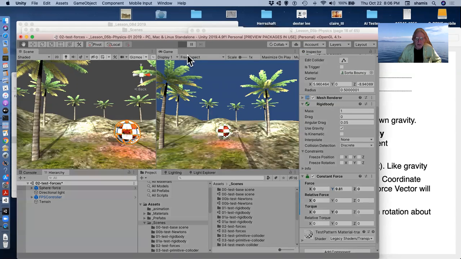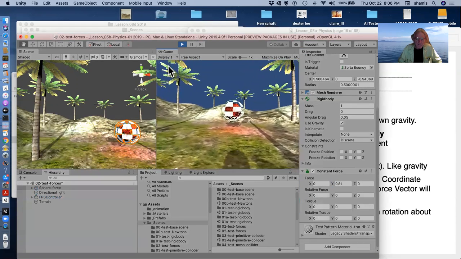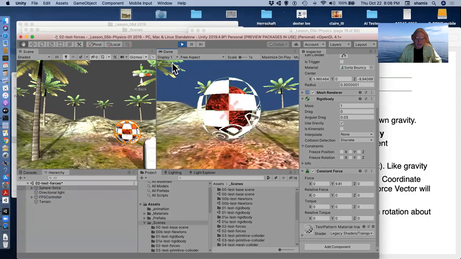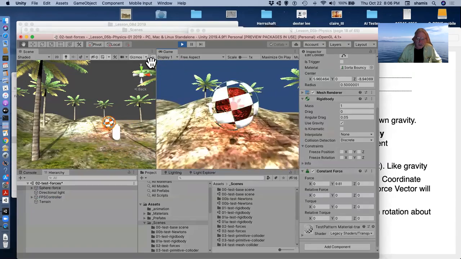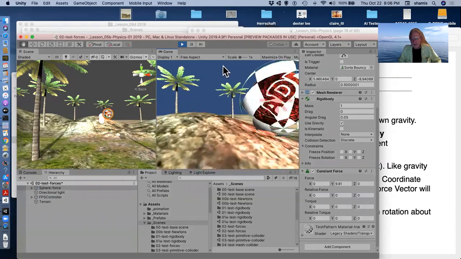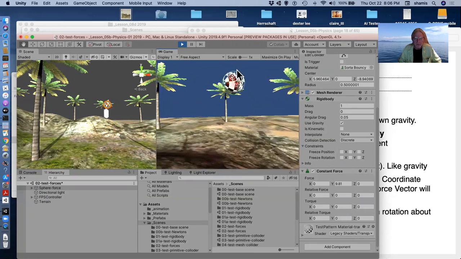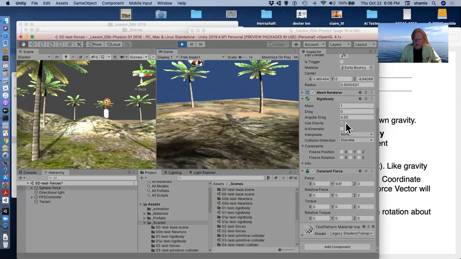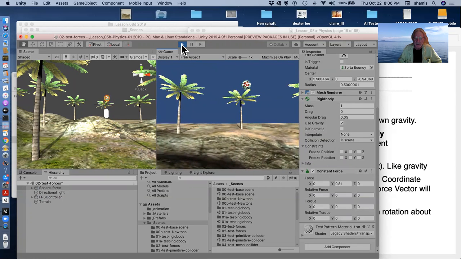And so now here with my little object, it doesn't fall. In fact, it stays kind of stationary. I can still push it around and get it going, and it's going to take off and go wherever it wants to go. And I haven't turned off gravity. Gravity is still on. It's just I'm balancing it exactly with my own force.